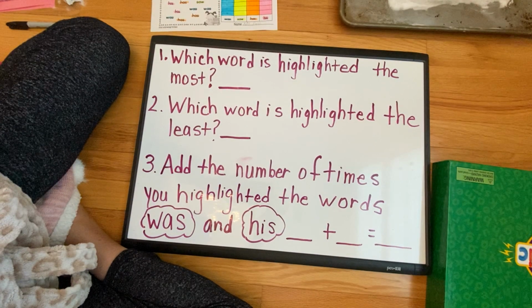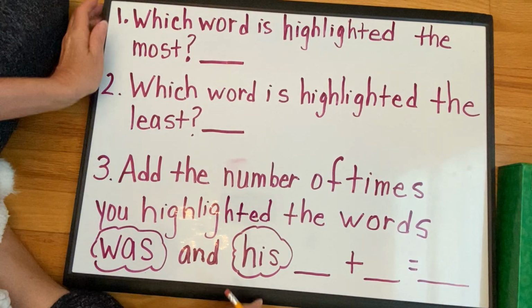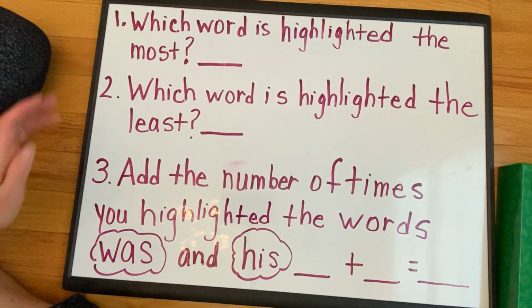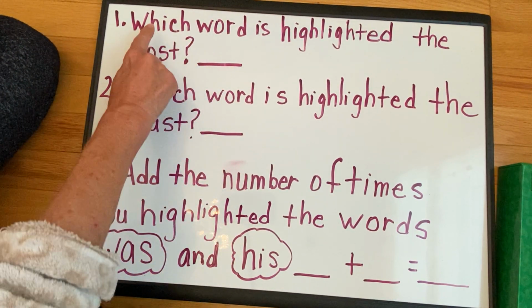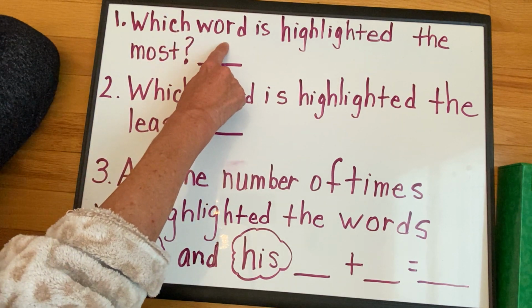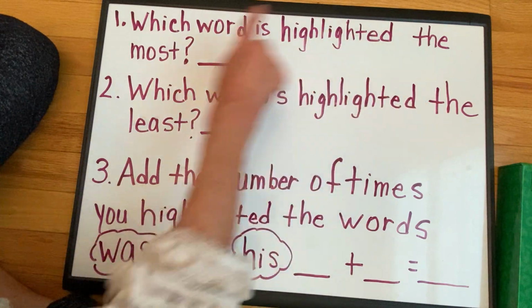Okay, so I'm going to read the questions to you, and then we're going to talk a little bit about it. So question number 1 says, and you can read along with me, I'm going to point to the word. Which word is highlighted the most?